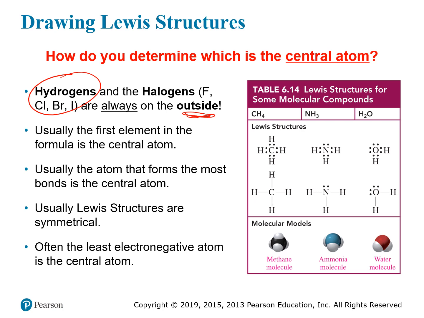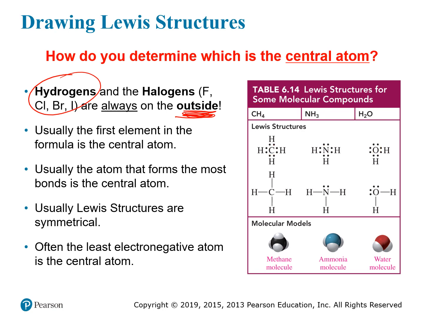Okay, so you can see that at play in each of these examples over here on the right. Okay, CH4, carbon is first, carbon's in the middle. NH3, nitrogen's first, nitrogen's in the middle. And this is that exception where hydrogen is first, right? In this case, hydrogen is first, but since hydrogen can never be in the middle, oxygen must be in the middle, and the hydrogens are on the outside. Okay.